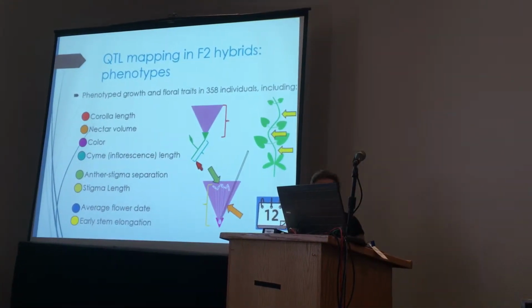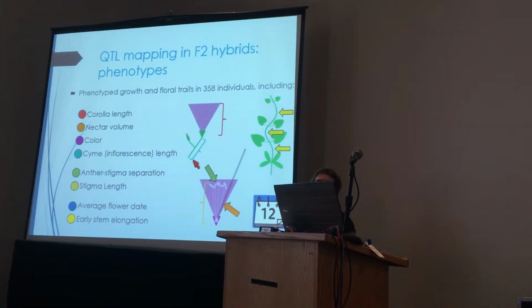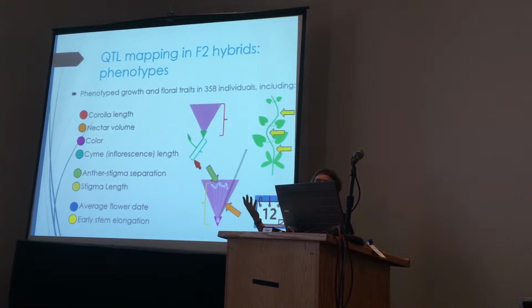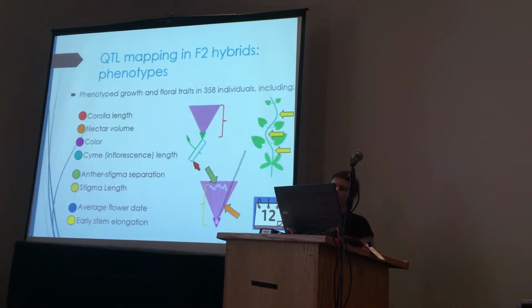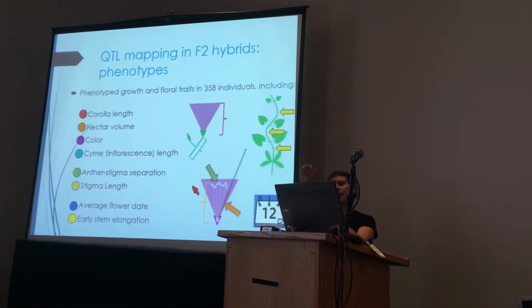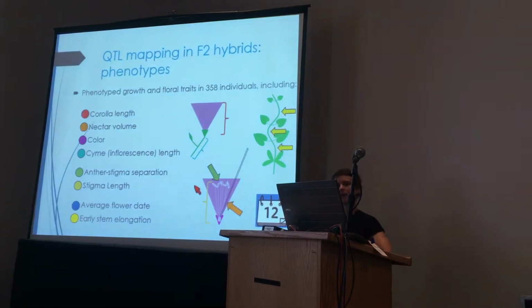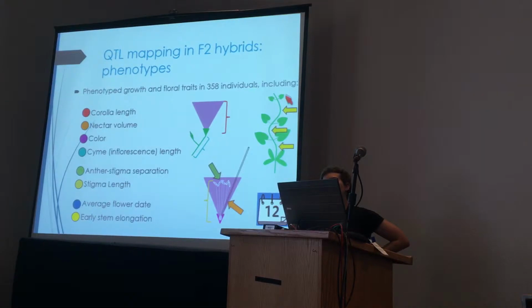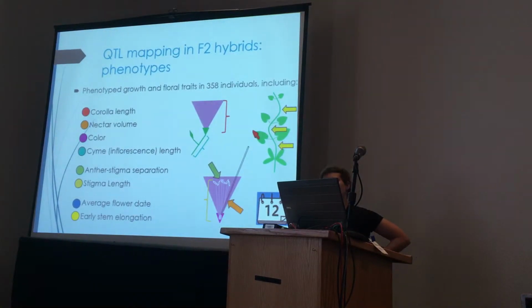There's a difference between the two of them where the more outcrossing one, cordata, with the bigger flowers, tends to have longer inflorescences, holding flowers out further. It's putting more flowers on an inflorescence. And then how far apart the anther and the stigma are, how long the stigma is, when the flowers actually open, and an early stem elongation difference between the two of them, which reflects faster growth.